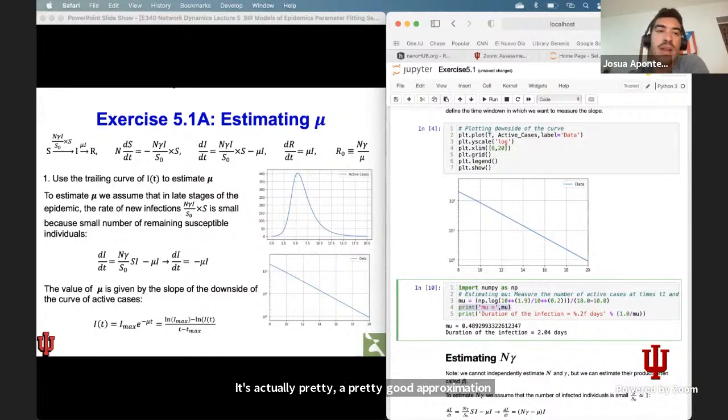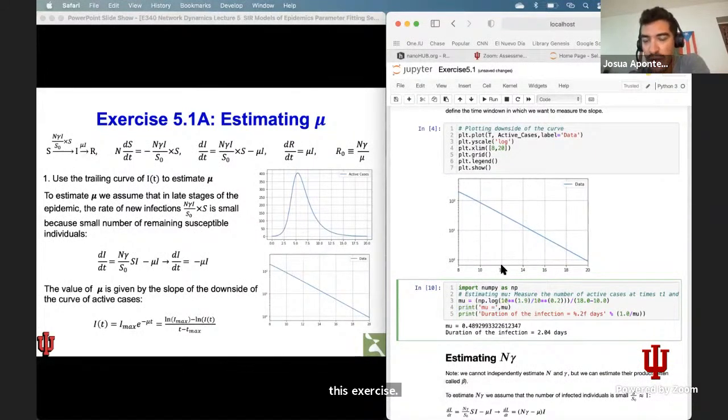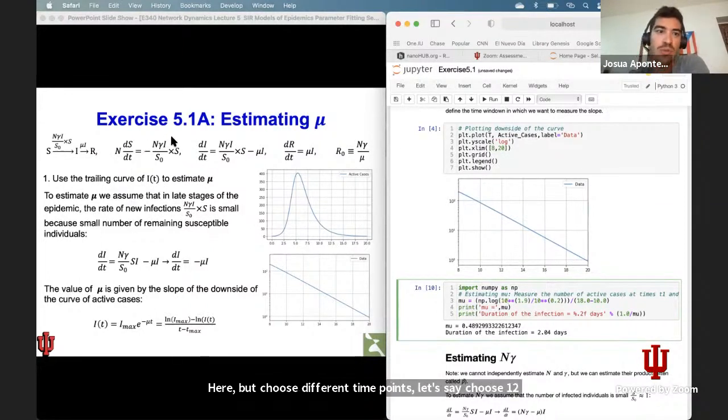And I want other people to do this exercise here, but choose different time points. Let's say choose 12 and 16, and please do write in the chat what values of mu you're getting.